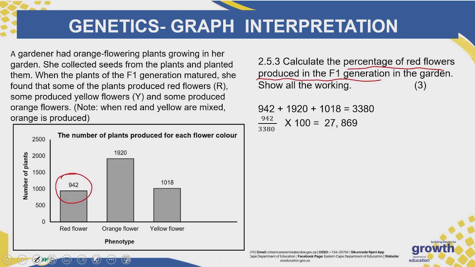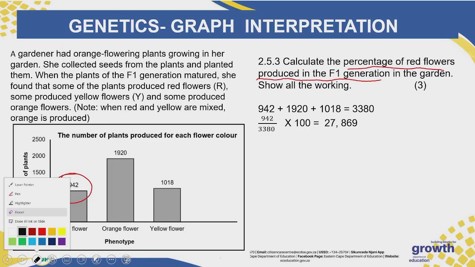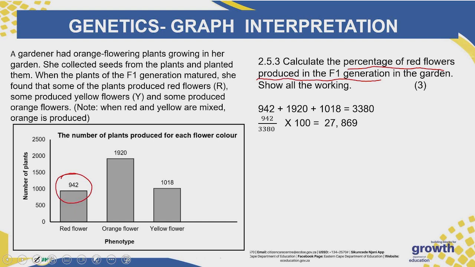Then to work out the percentage, remember here, look at the mark allocation. It says it is out of 3 marks, and therefore you need to know how you get those 3 marks. You've worked out the total.